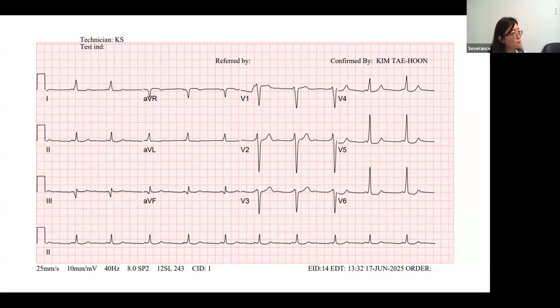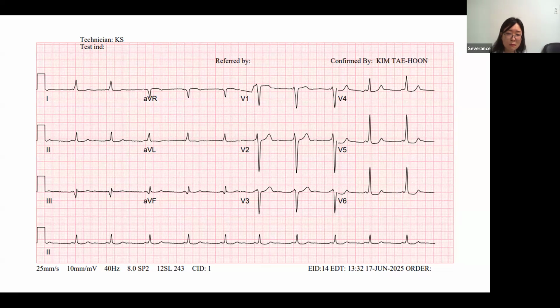With respect to the exact location, there's a bit of a transition from V1 to V2, which suggests a paraseptal origin. But because the R wave amplitude in V3 is less than that in V2, it's giving me a bit of confusion.